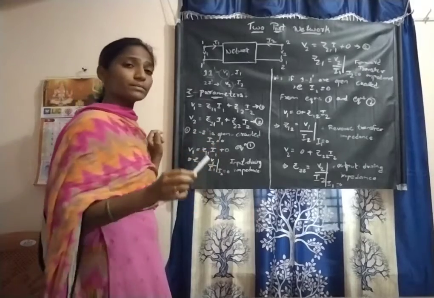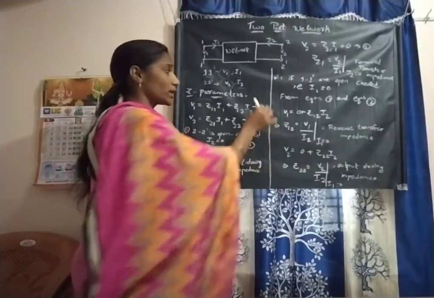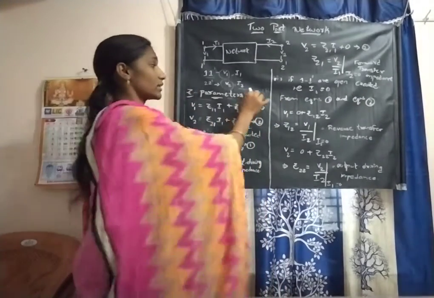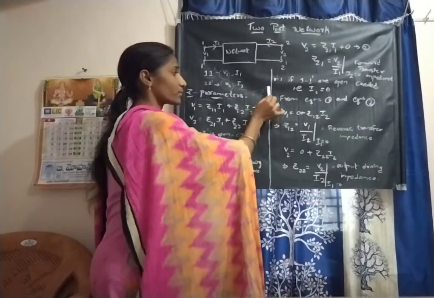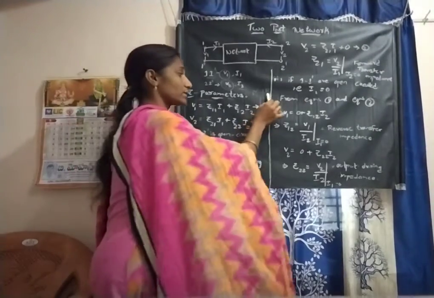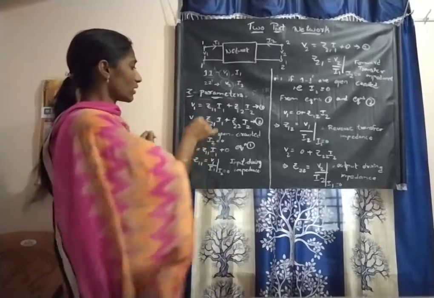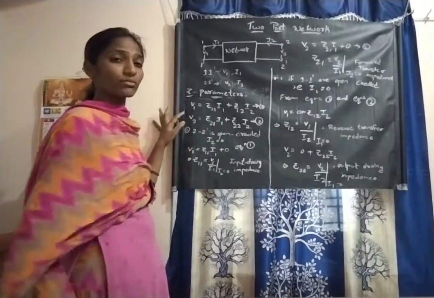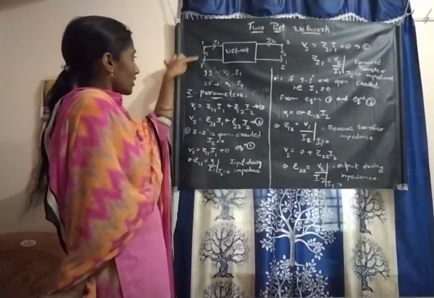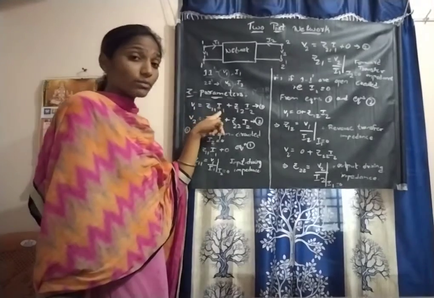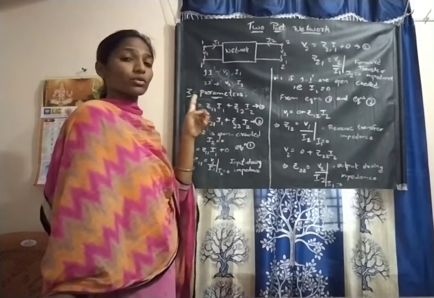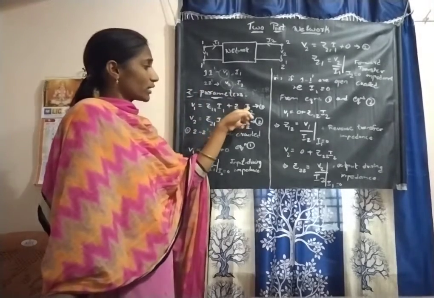We know Ohm's law is V equal to IR, where R is the resistance, which we also name as the impedance Z. For port 1, V1 equals Z11 I1 plus Z12 I2.